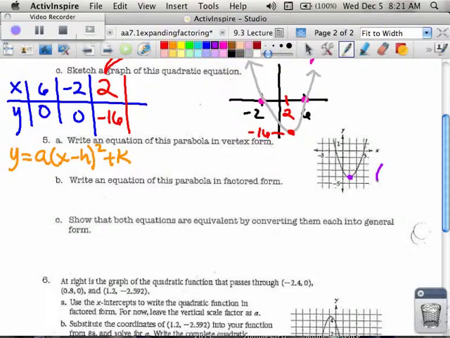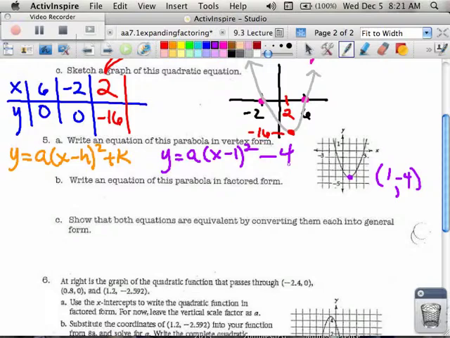So I need the coordinates of that vertex. And it looks like I'm at 1 and negative 4. Does that look right? Mm-hmm. Which means that if I was going to rewrite this thing, I would have y equals a times (x minus 1) quantity squared minus 4.